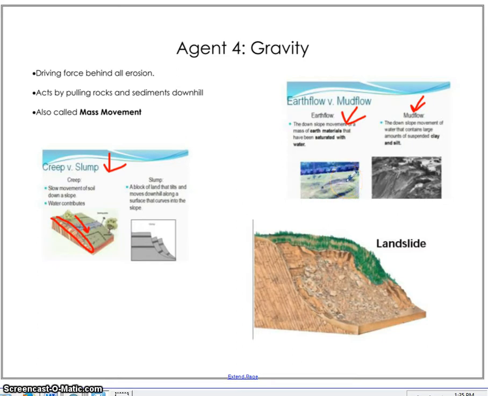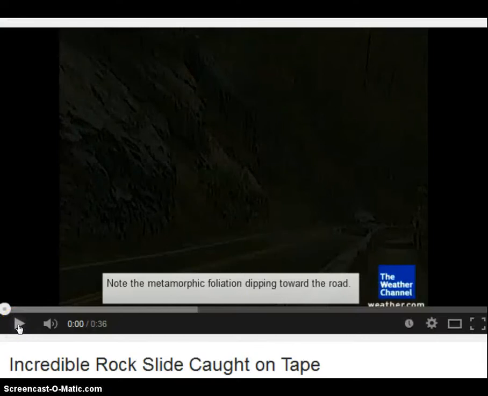Usually there is no notice to these types of things, and usually mud flow is because of the land getting super saturated with rain and water so that it starts to flow like water. And landslides, maybe weathering over time has weakened this surface and now it has broken off and slid down. So I have an example of this for you so you can see how rapid these types of mass movements can be. So here we go.